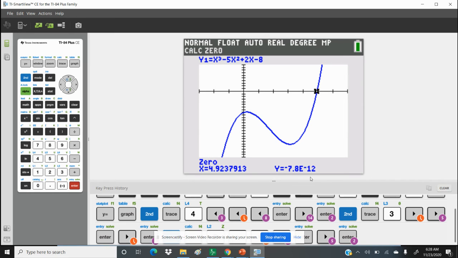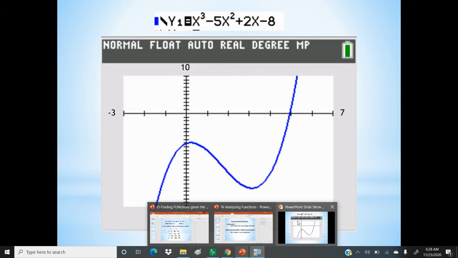Remember, this is giving it to you in scientific notation. So there would be 11 zeros in front of that 7. So that would round to 0, which makes perfect sense because we know that y has to be 0 if we're at an x-intercept. So let's go back now and see how we would write this all up.